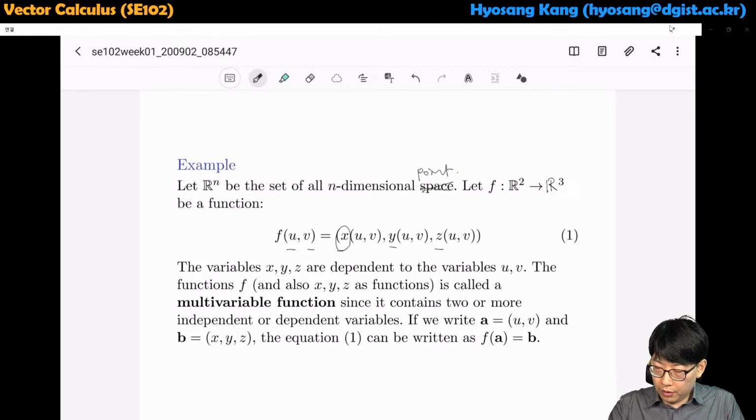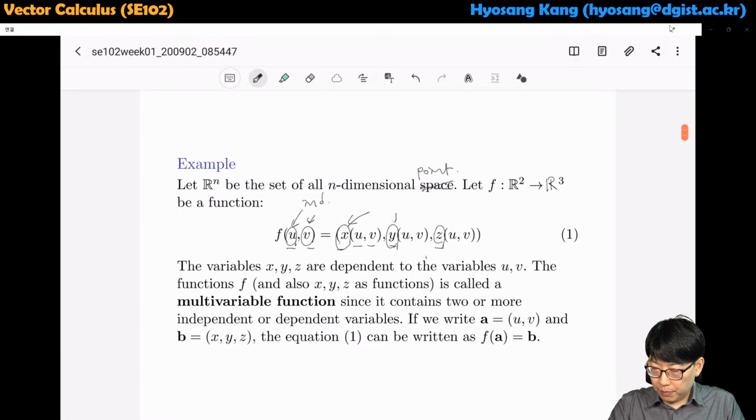Each of the values x, y, z is determined by u and v simultaneously. So you need both u and v to determine x or y or z. Okay, so this is another example of a multivariable function.